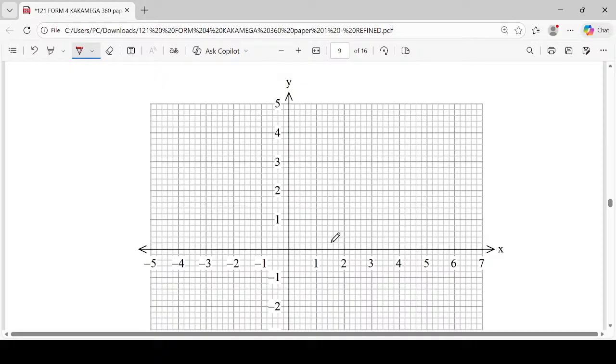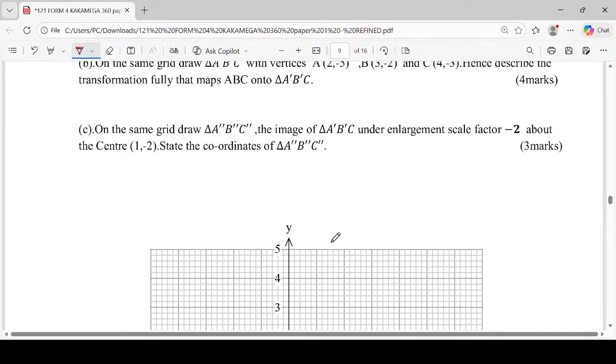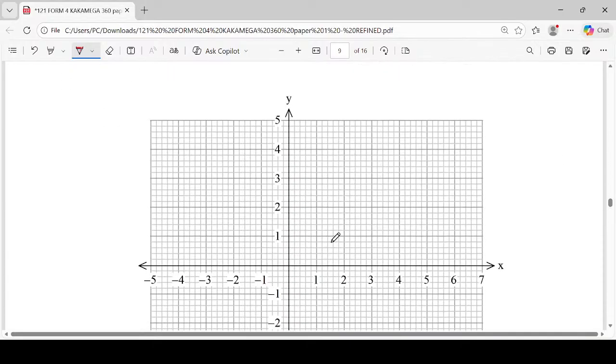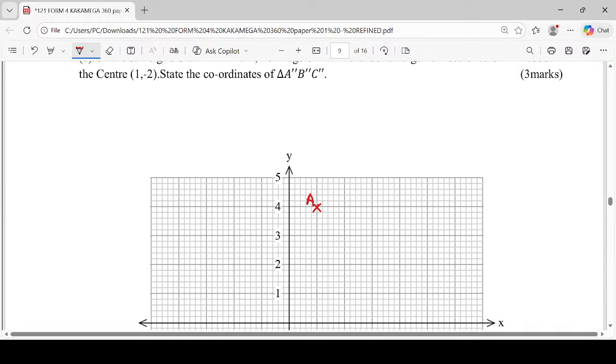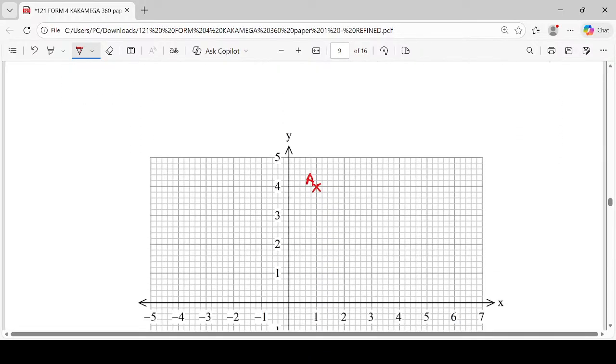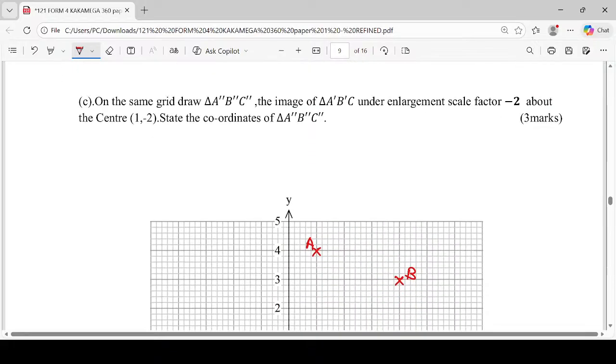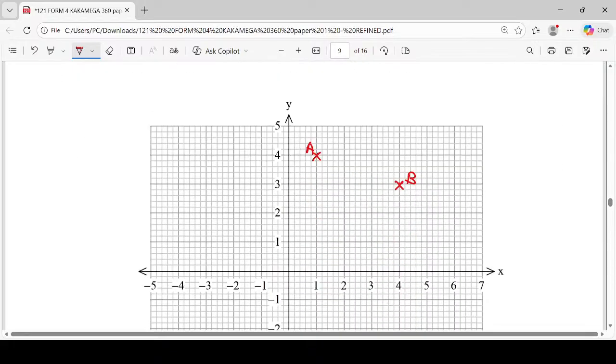So let's draw. They are saying A is (1, 4). So (1, 4) is here. That's our A. B we have (4, 3). That is our B. C we have (3, 2).